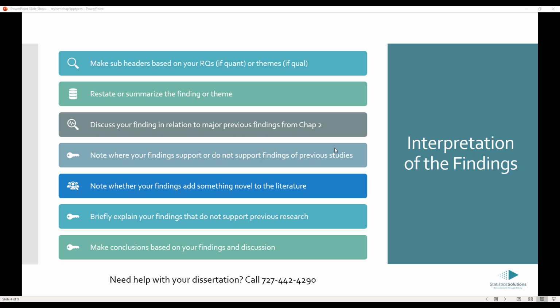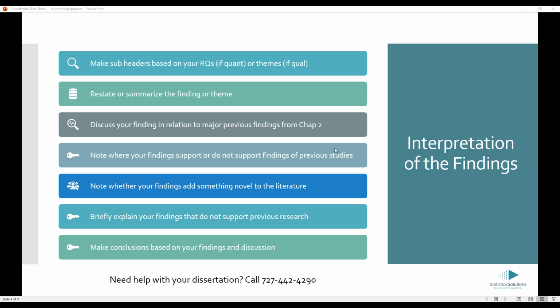If your findings do support previous research, you can make conclusions based on those, right? Because now that your findings have supported previous findings, you can make conclusive statements. If your findings don't confirm the findings of previous research, that's fine. As an objective researcher, you get what you get, but it still tells us something.